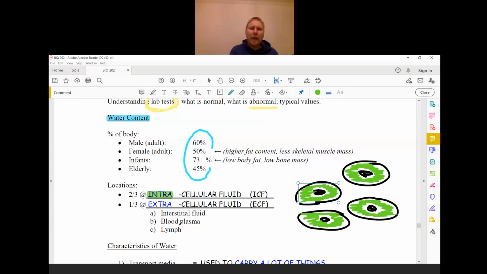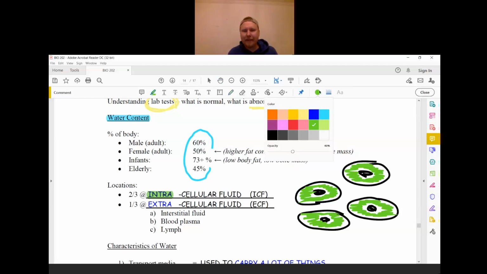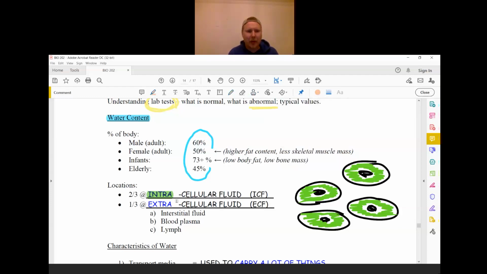About 1/3 of the water in a human body instead is gonna be located outside the cells, known as extracellular fluid, or ECF, if you wish to use abbreviation.